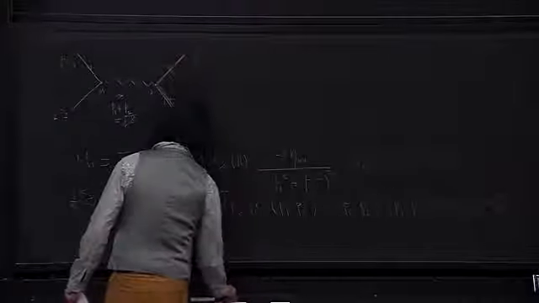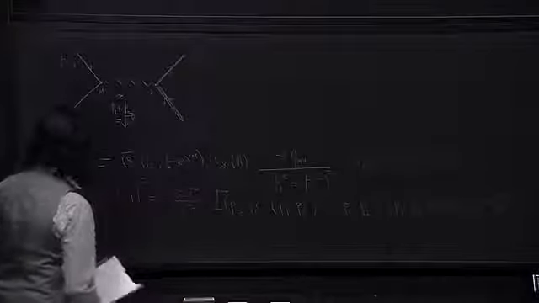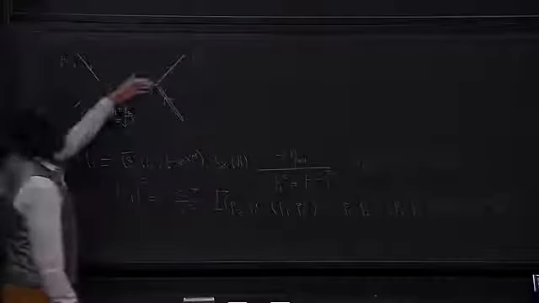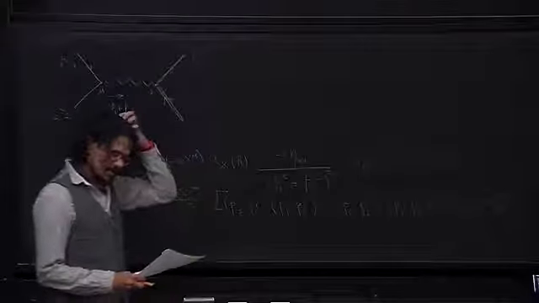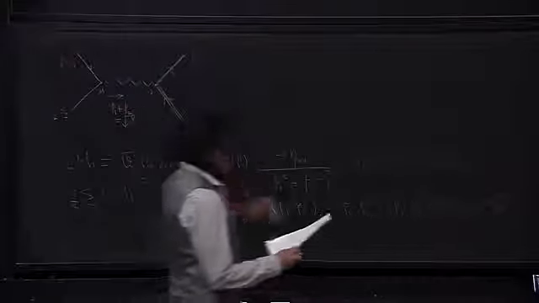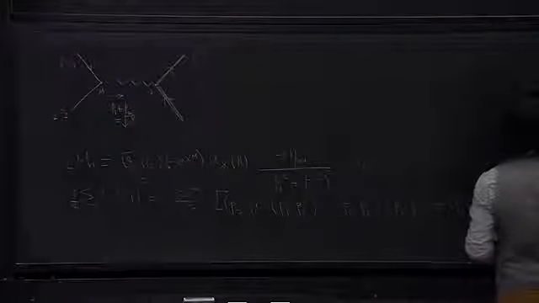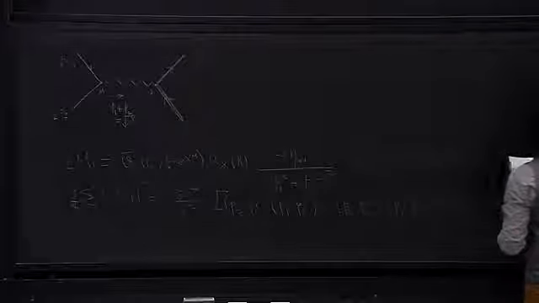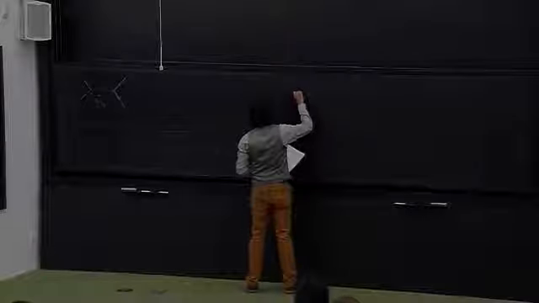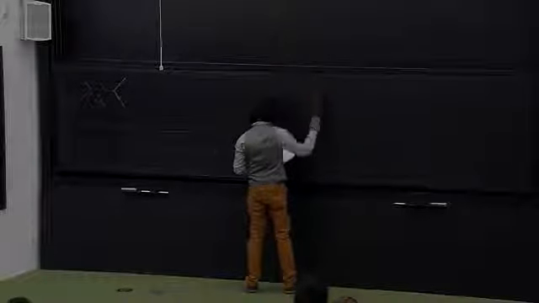Now, in this theory of QED, where we had electrons and muons and the antiparticles, we could have had another process in which we scatter a muon with an electron.